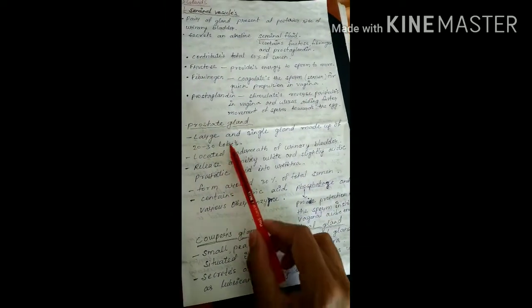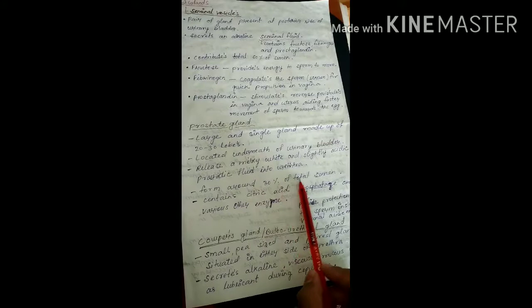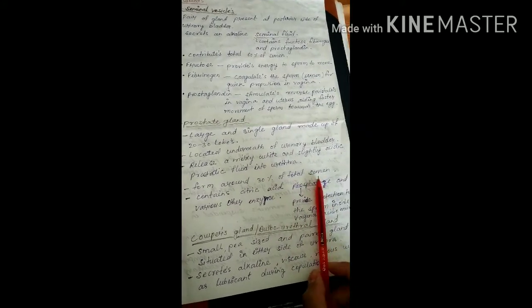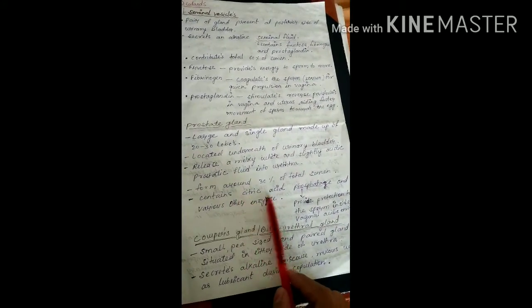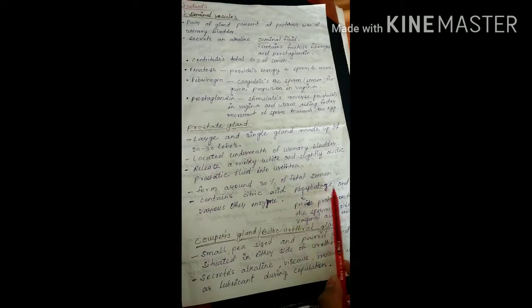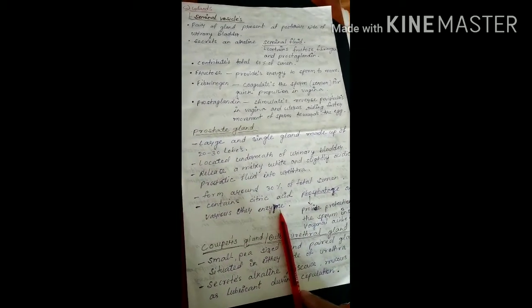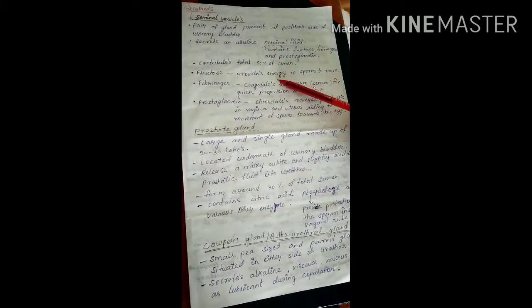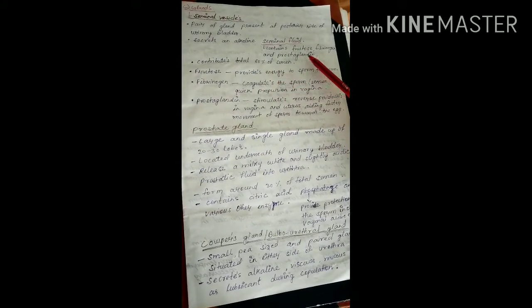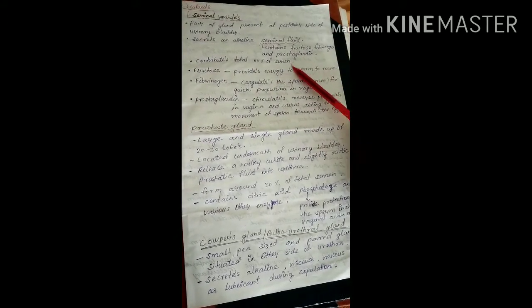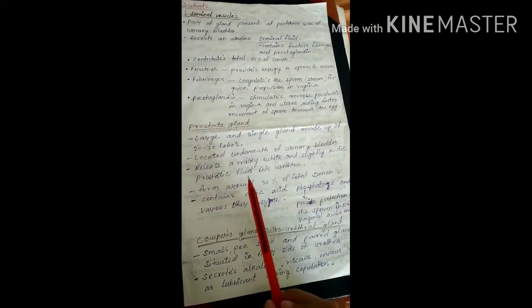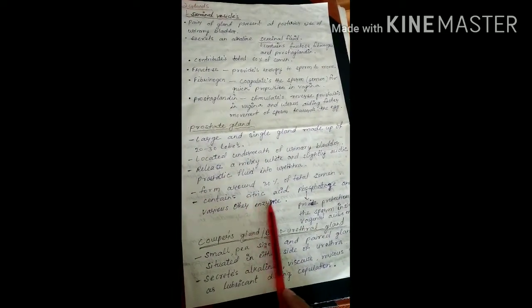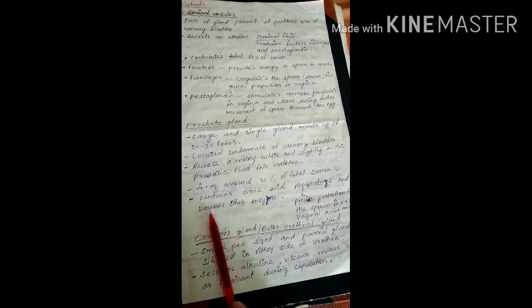The prostate gland contributes 30% of total semen, and it contains citric acid, phosphatase and various other enzymes. The seminal vesicle contains fructose, fibrinogen and prostaglandin, and the prostate gland contains citric acid, phosphatase and other enzymes.